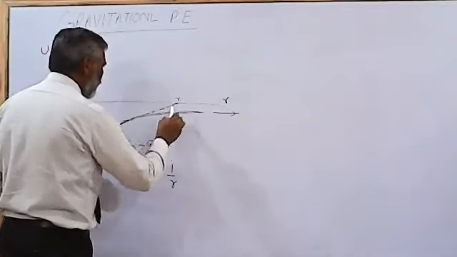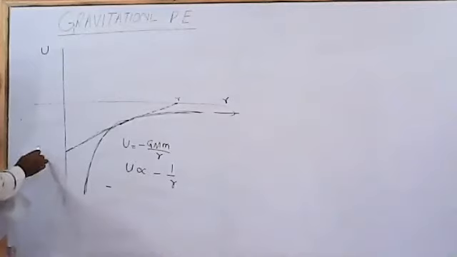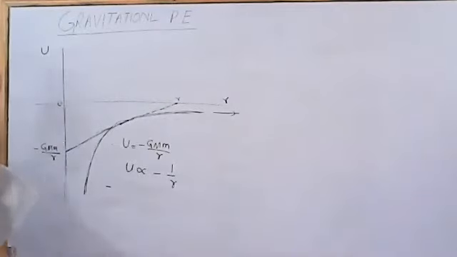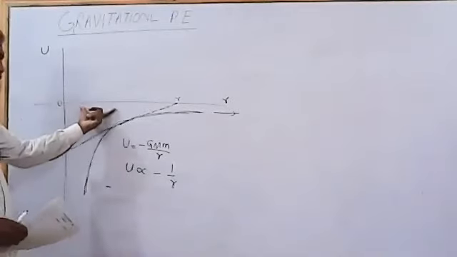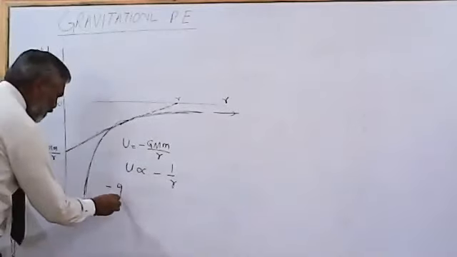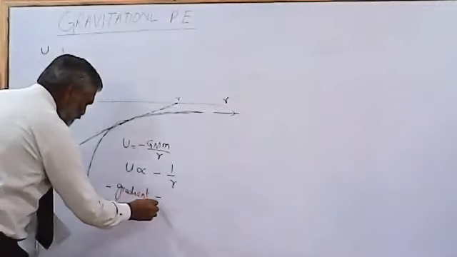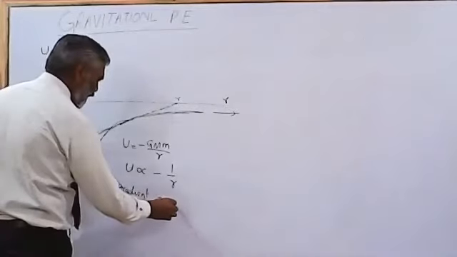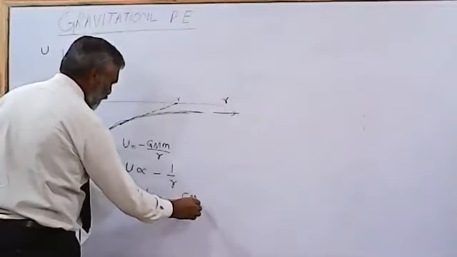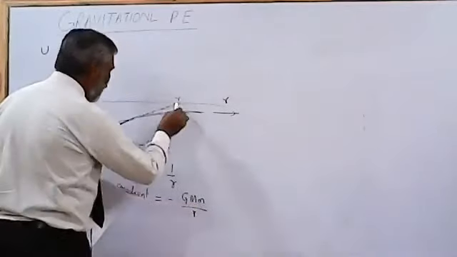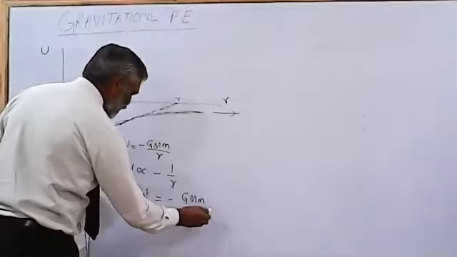This is some position r, this is a certain value minus GM/r, and this is 0, the origin. If I take the rise over run, the gradient will be minus GM/r divided by this r, so it becomes this.